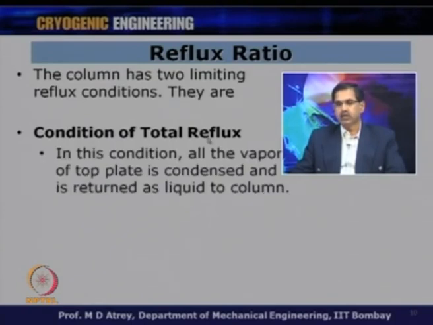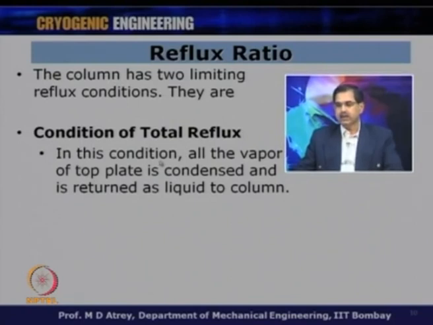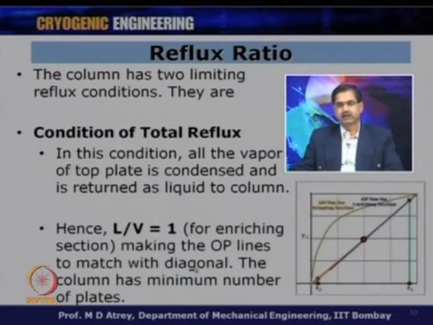In the condition of total reflux, all the vapor of the top plate is condensed and returned to the column as liquid. So, whatever V goes up, all this V will get condensed and comes down in the column itself as L. It means that there is no D, because all which is going up is coming down, and this condition is called the total reflux condition.